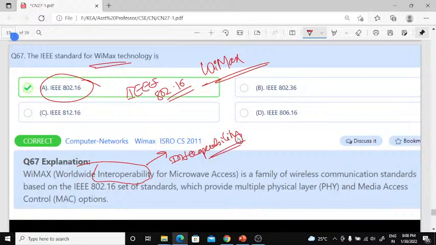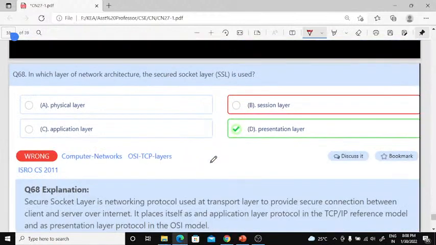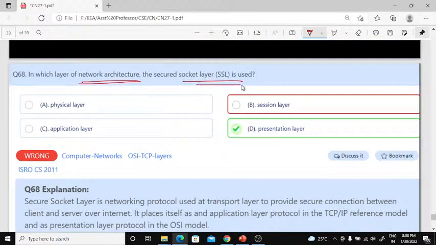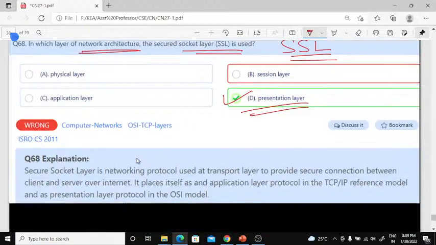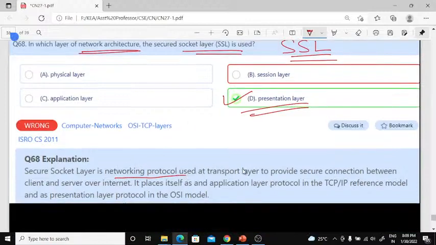In which layer of network architecture is the Secure Socket Layer used? SSL, Secure Socket Layer, is used in the presentation layer. Secure Socket Layer is a networking protocol used to provide a secure connection between the client and server over the internet.